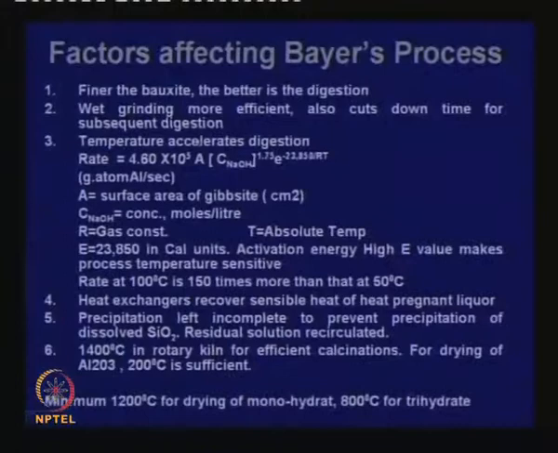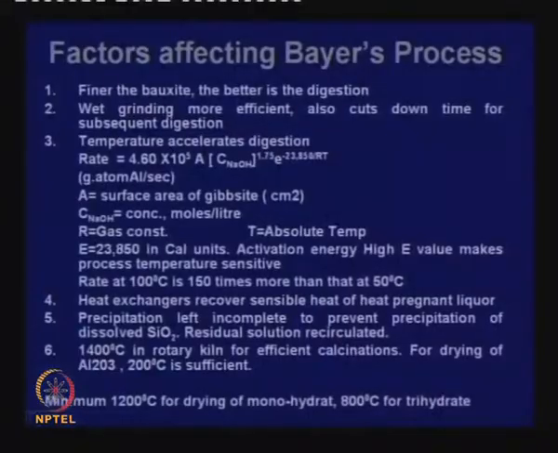It depends on many factors. Some of them have been considered: particle size, concentration of leach liquor. People have come out with an equation for the rate of leaching. Temperature should be high, and sometimes it operates at 220 degrees for leaching. You need a lot of pressure in an autoclave.